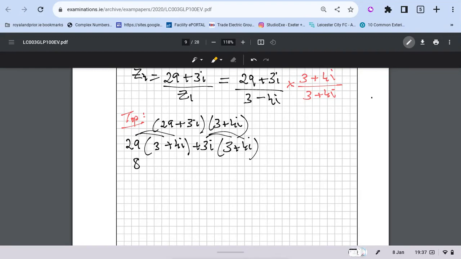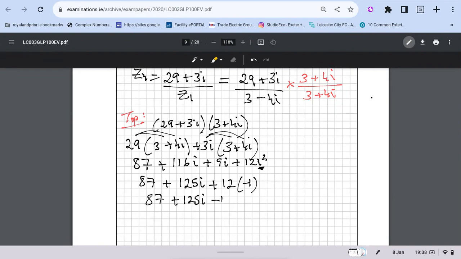And multiply them out. 120, is it 116, is it? And everywhere we see the i squared, remember, sub in minus 1. And tidy that up. So that's my top line there.